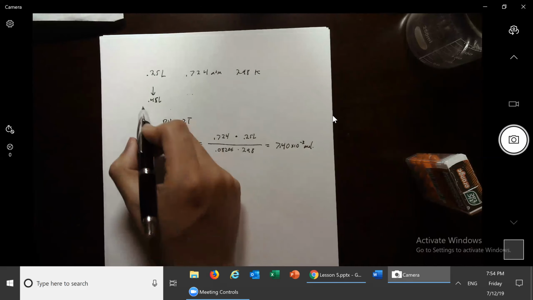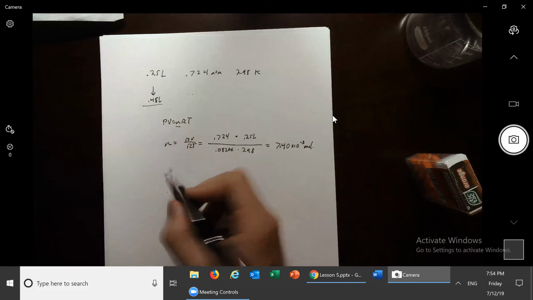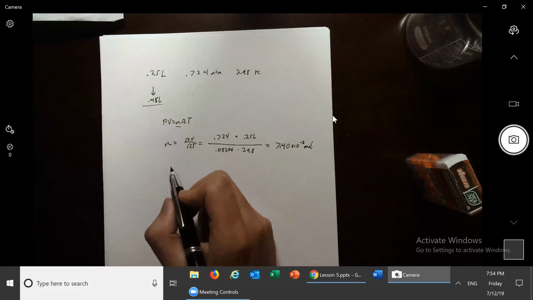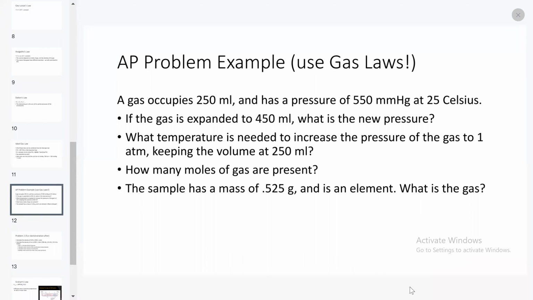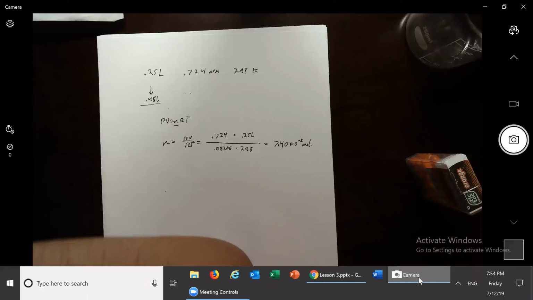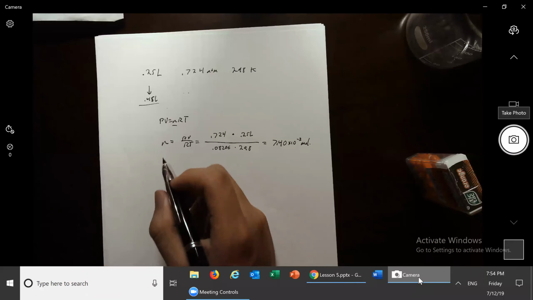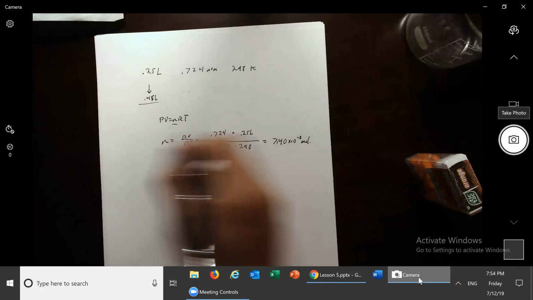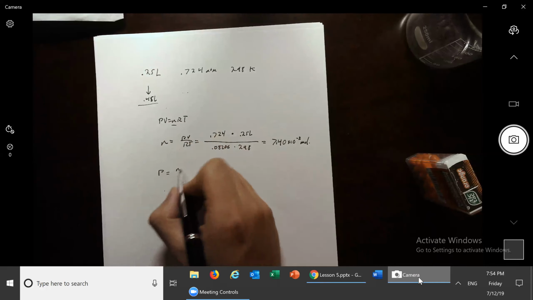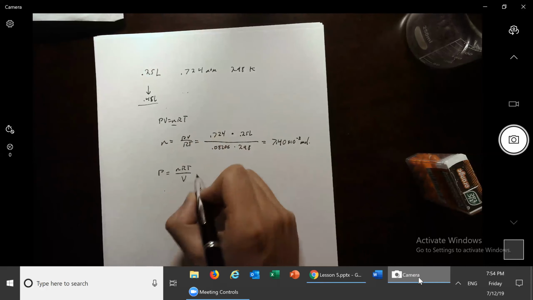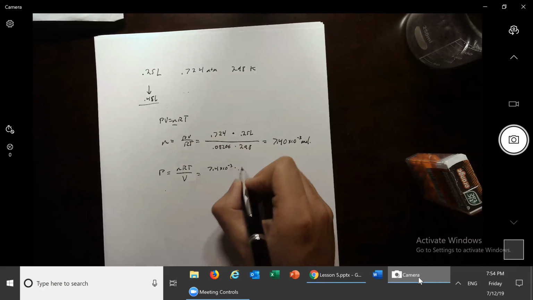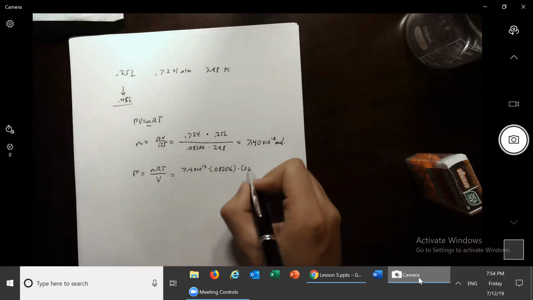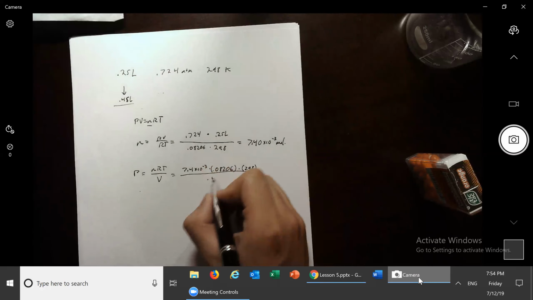Now our new value of volume is 0.45 liters, and we want to calculate the pressure, and we keep everything else the same. So we rearrange this equation, so P equals nRT over V, and this equals 7.4 times 10 to the minus 3 times 0.08206 times 298 divided by 0.45.